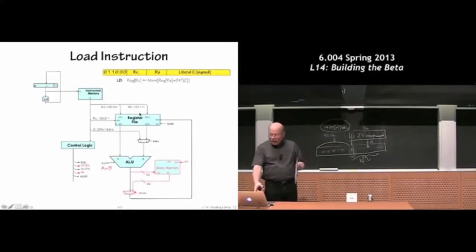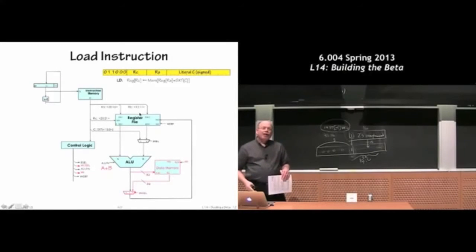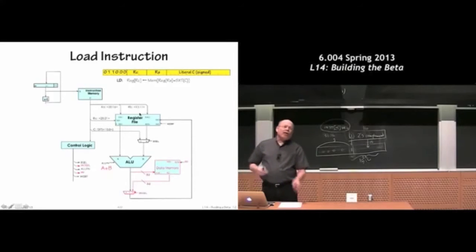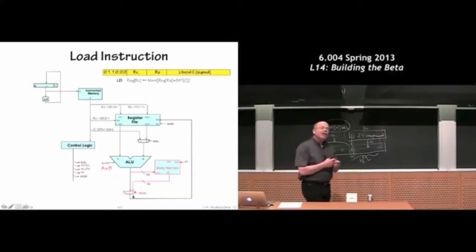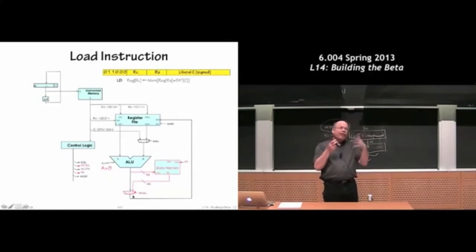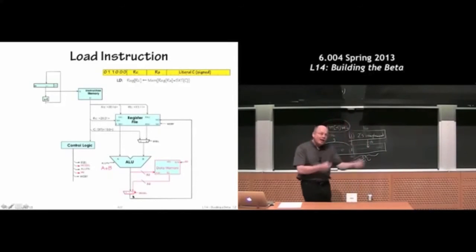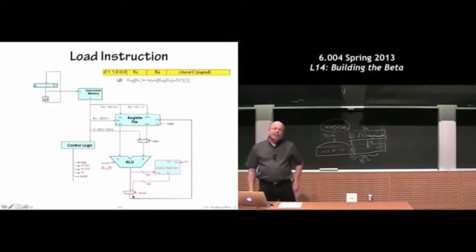Well, we haven't shown you where value 0 comes from, but when WD cell is 1, we're going to select the ALU output, and when WD cell is 2, we're going to select the data output of memory. Whichever one of these gets selected by the WD cell signal gets routed back into the register file. And so WD cell would be 2. In other words, we want to select the 32-bit value coming back from memory, in the case of a load instruction. That's what gets written back into RC.